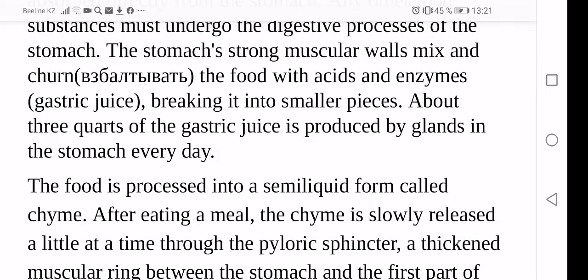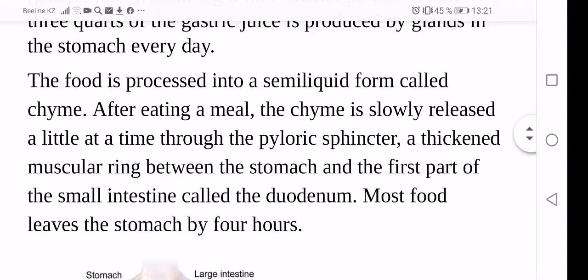About 3 quarts of gastric juice are produced by glands in the stomach every day. The food is processed into a semi-liquid form called chyme.